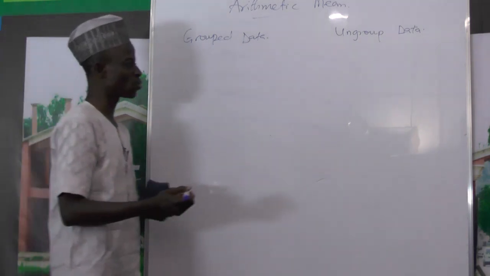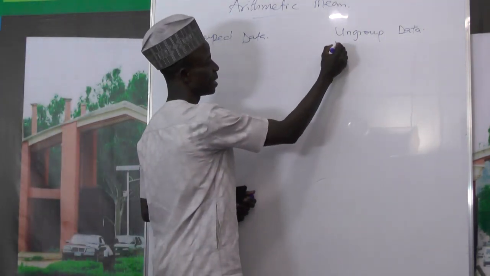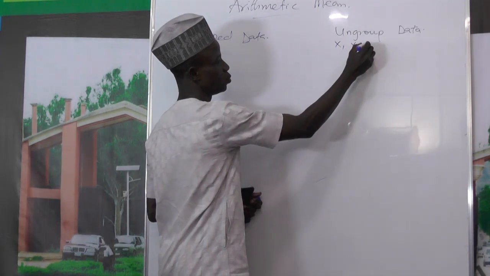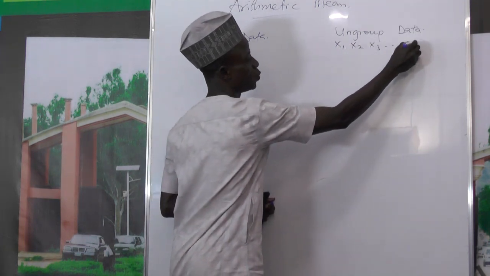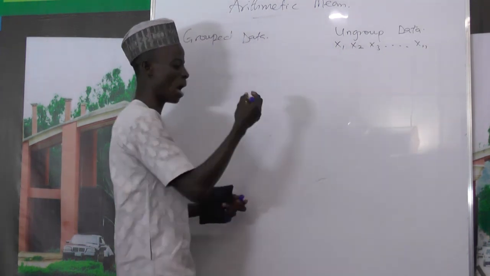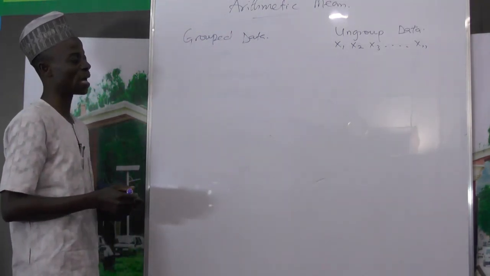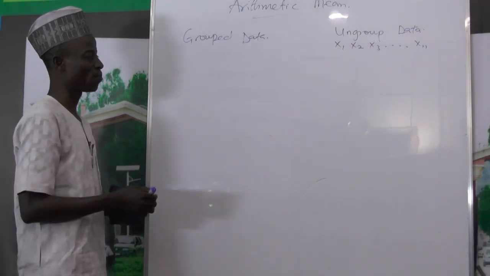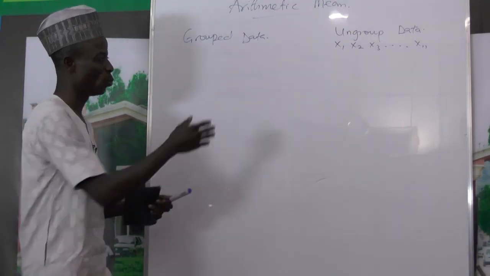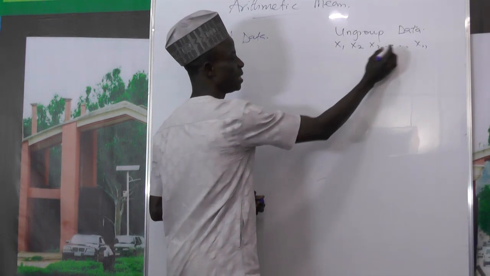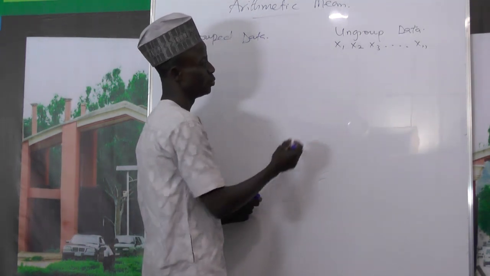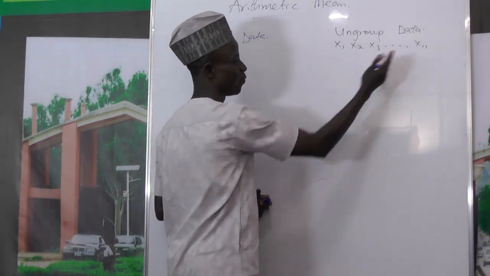If you have a set of observations, let's say x1, x2, x3 up to xn, and you are asked to find the mean for this set of data, your mean can be obtained by adding all the variables that we have and dividing by the number of variables.